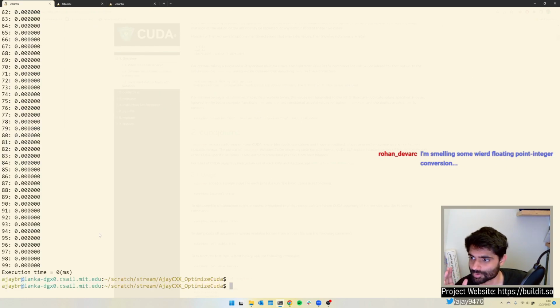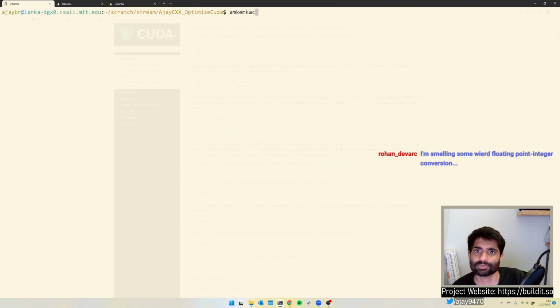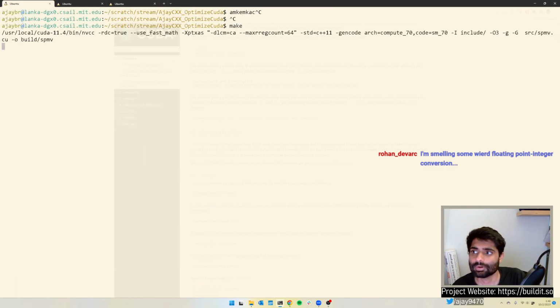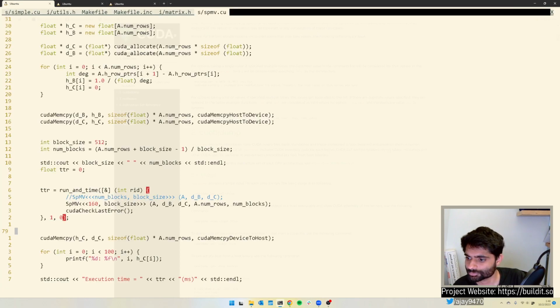Okay, this time it is all initialized to zero. So when I run the kernel, does it end up corrupting some values? Yeah, it corrupts those values for some reason.